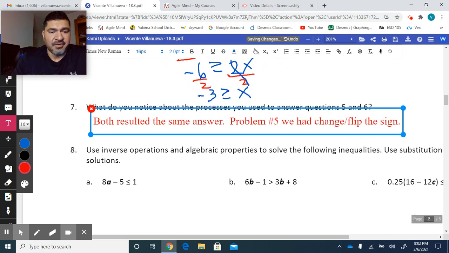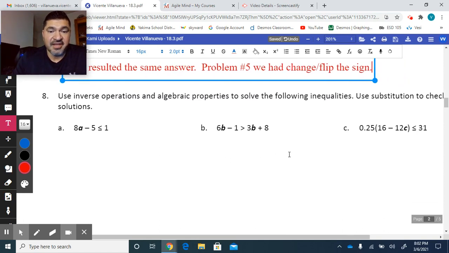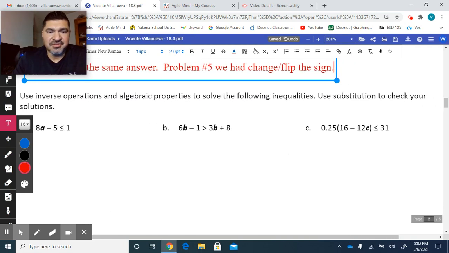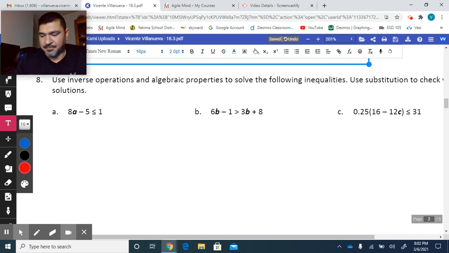Let's go ahead and look at number 8. It says use inverse operations and algebraic properties to solve the following inequalities. Use substitution to check your solutions. Okay, so let's go ahead and work these problems out. I've got 8a minus 5 is less than or equal to 1.